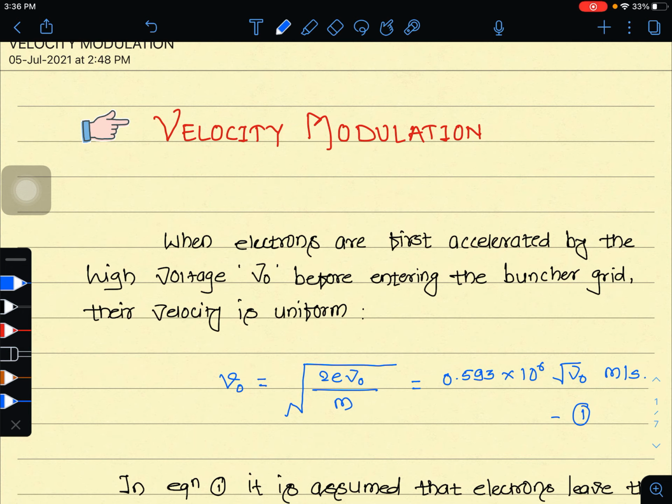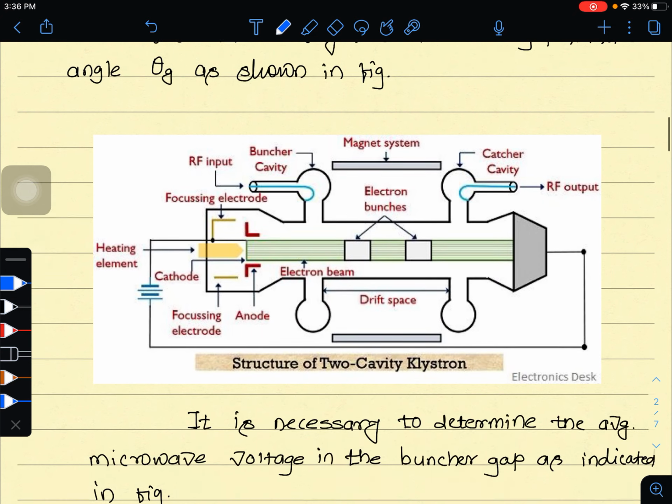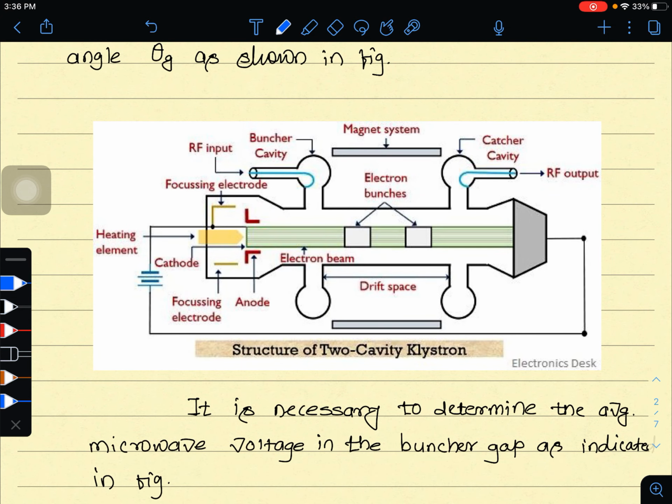So guys, we know the diagram of the two cavity klystron. In that diagram we see one important point, the electrons passing through the cavity. This is the entering part.